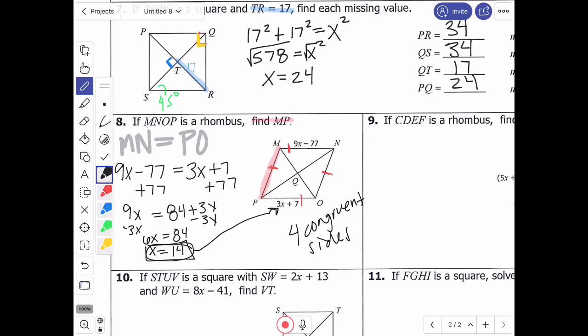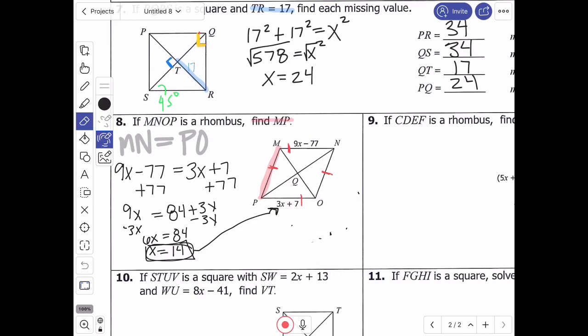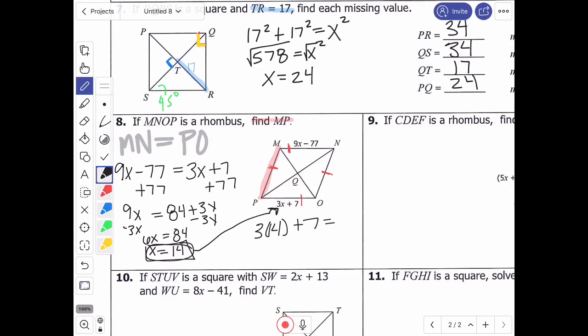Both should equal the same thing, so it doesn't really matter. It's just whatever you're more willing to look at. I'm going to do 3 times 14 plus 7, which is 49. So MP equals 49. Again, the whole reason I was able to solve for this was because I knew there were 4 congruent sides in a rhombus, so I set the 2 sides I knew equal to each other.